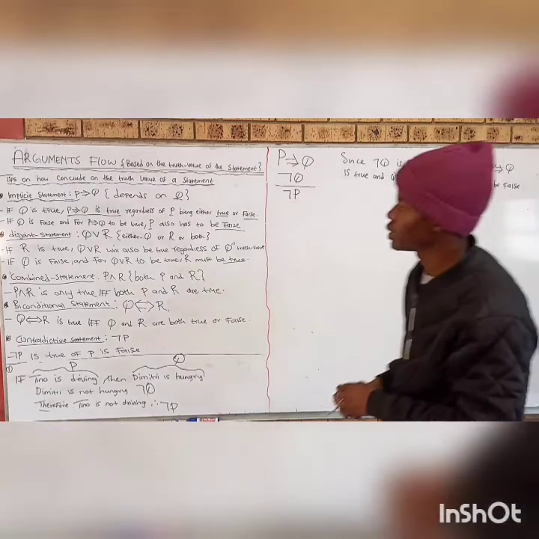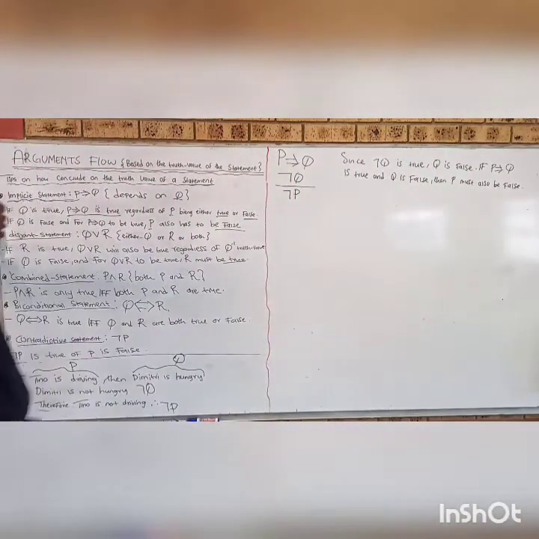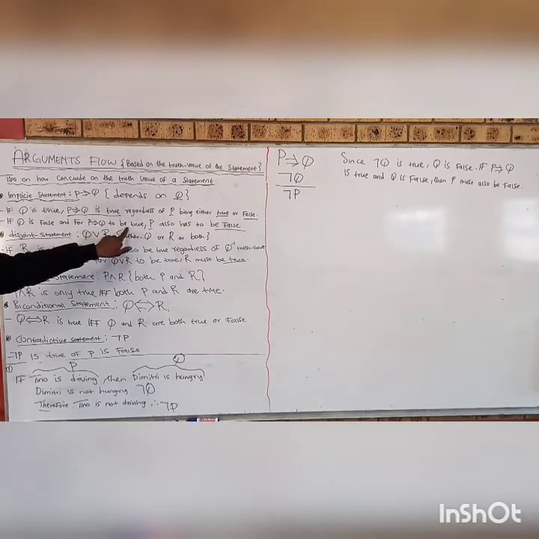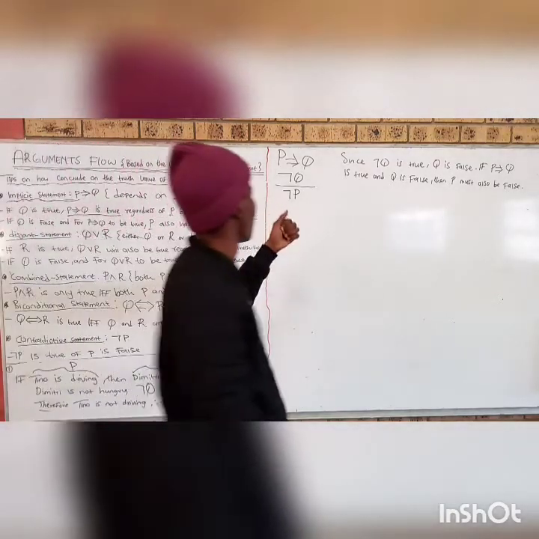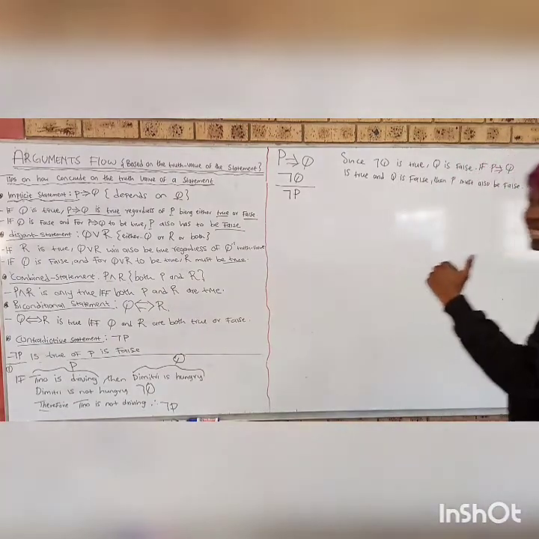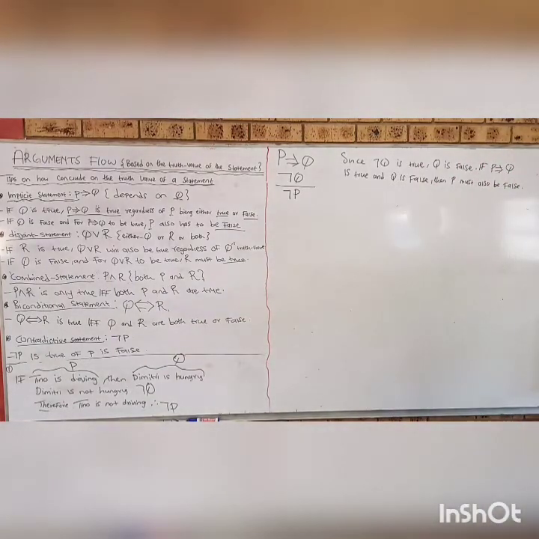You recall it is point number 2: if Q is false and P implies Q is true, then P must also be false. So hopefully you got it now. You got it right? You see how interesting this is? Wow, I love this. I like it.